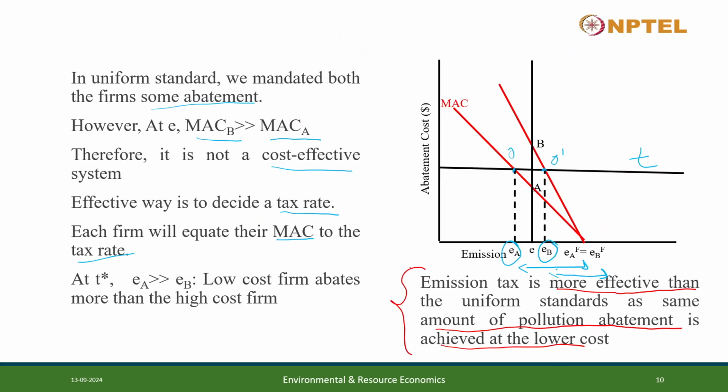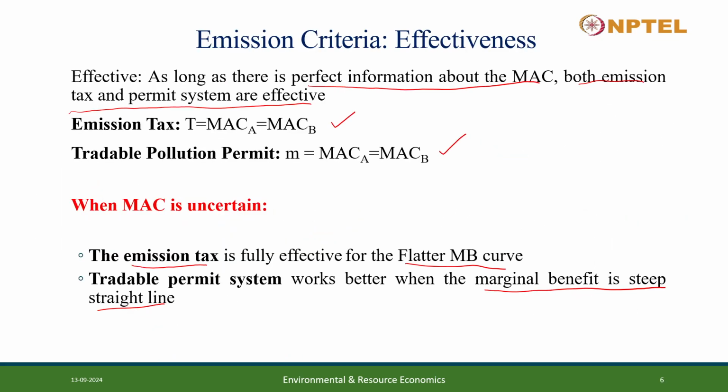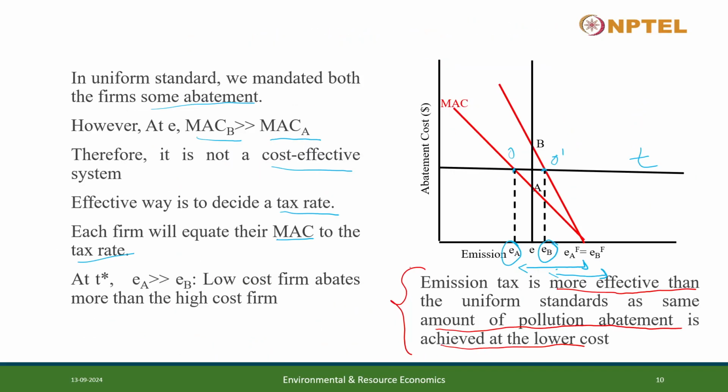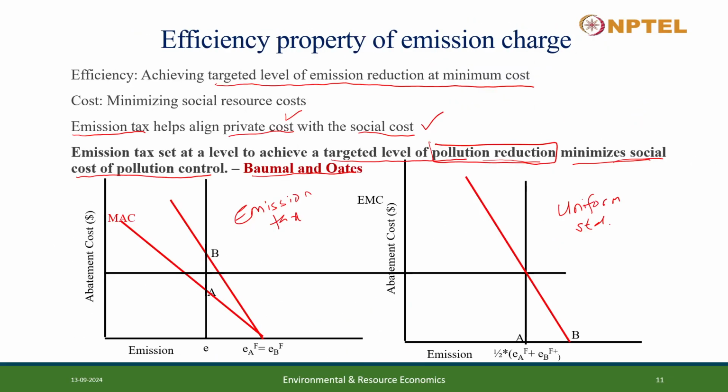Previously we discussed that in the emission tax system, the tax amount is at the intersection of marginal abatement cost and marginal benefit, right? P is equal to MC is equal to MB. How we come across this, we have to prove here. So we will try to prove it in the next two slides.